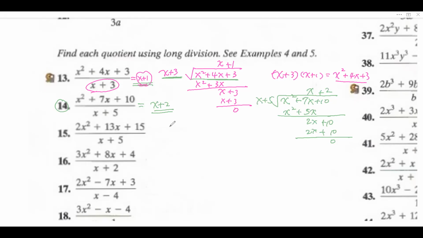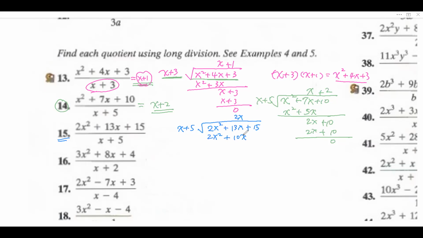All right, let's move on. The third one, 15. The same process. I'll write a little bit smaller. They are in sequence already, right? We don't need to sequence them. So first we find the term that times this one exactly matches, which is 2x, right? So you get 2x squared, and continue to distribute, and you get 10x.